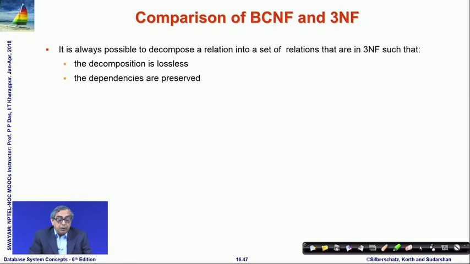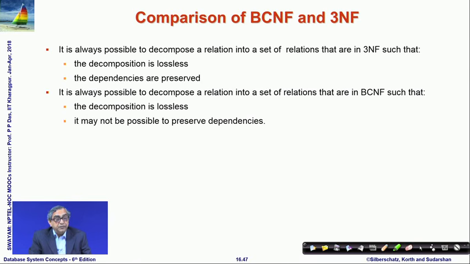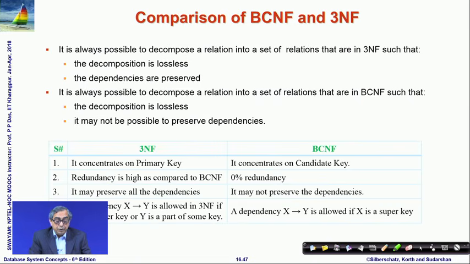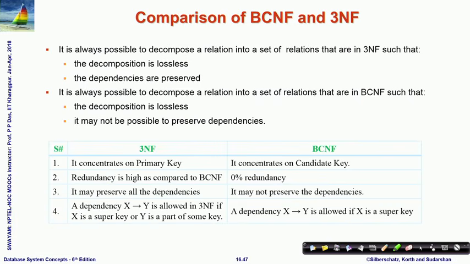Now, it is always possible to decompose a relation into a set of relations in 3NF such that the decomposition is lossless and the dependencies are preserved, whereas in the case of BCNF it is not possible. Here is a table which summarizes the relative comparison between Boyce-Codd and third normal form, because they are the common ones.